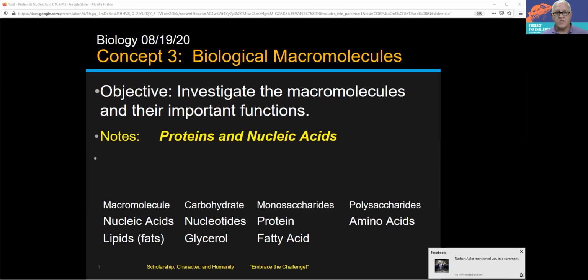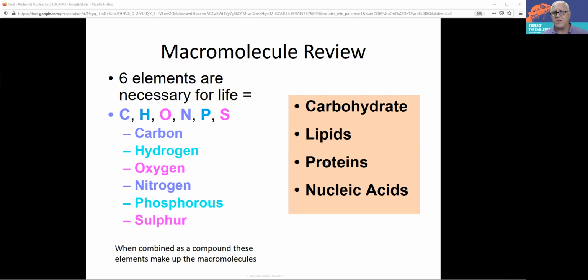So we're still working in our Unit 1, Concept 3 on biological macromolecules, and we're going to be looking at the functions of the protein and the nucleic acid. Let's just do a quick macromolecule review again. There are 6 elements necessary for life.